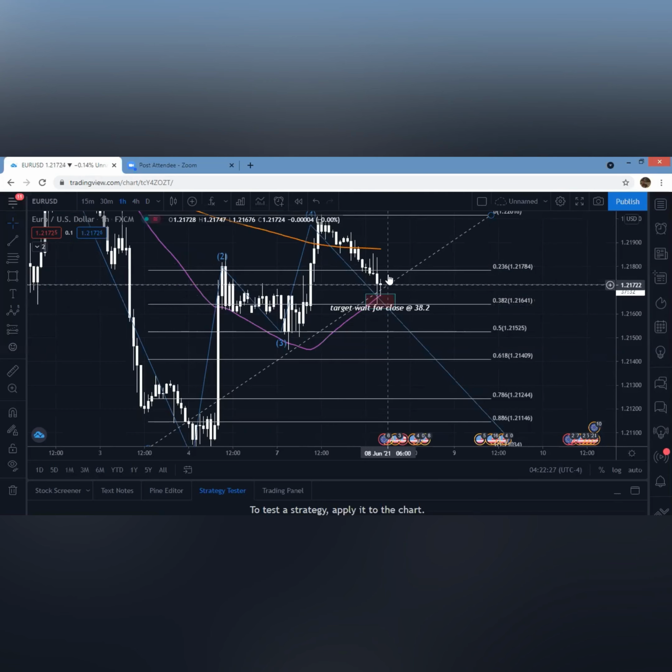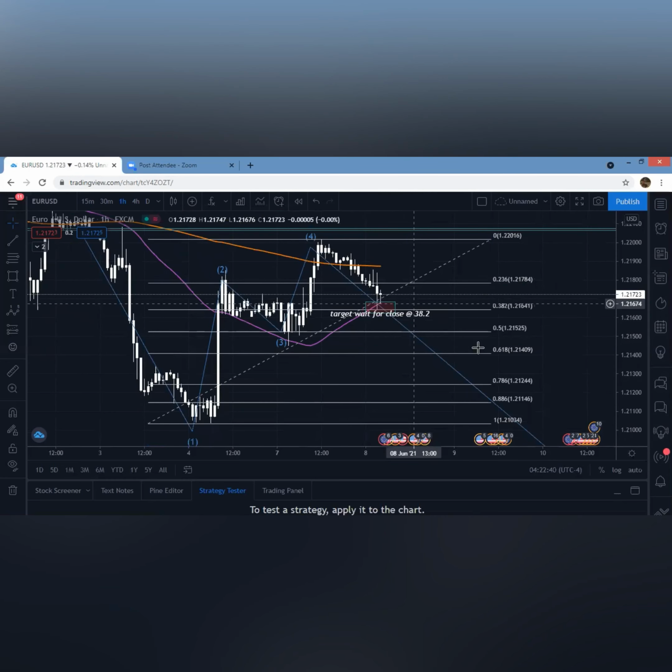So I copped in this for the sale. And like I said, this zone right here is what I like to call my risk zone. So you have to be a little bit more experienced to trade this zone. That's why I like to wait till it passes and close past 38.2, because once it enters into this zone, this is that risk-free zone. This is when you start getting into risk-free trading.